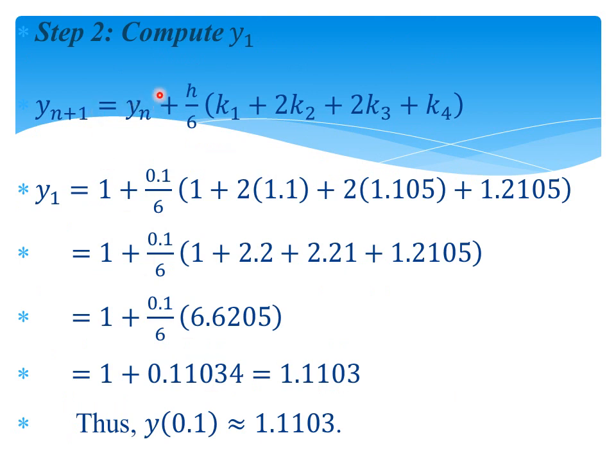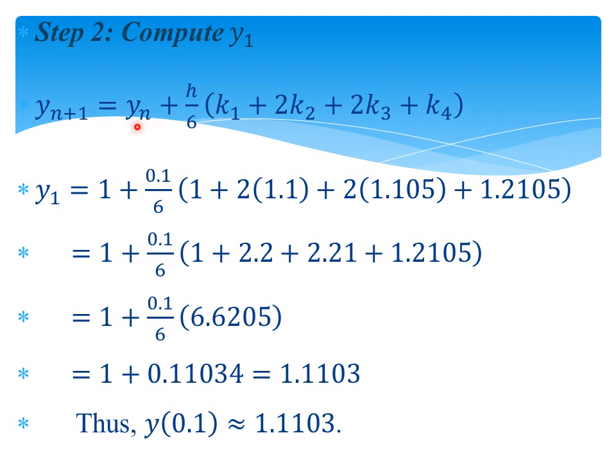Step 2. Compute y1, because we have the values of k1, k2, k3, k4. This is the formula of y n plus 1. If we find y1, then we put n equal to 0. N equal to 0 means 0 plus 1, so y1 equals, we write the same equals sign. If we put n equal to 0, you can see here y naught.